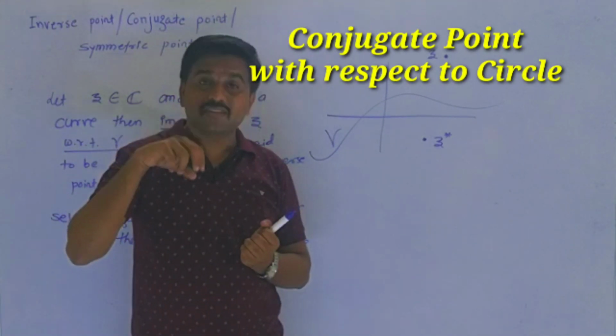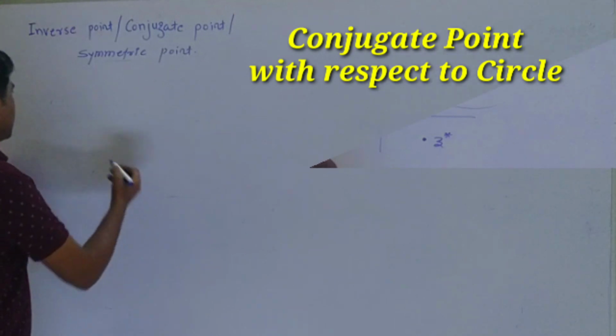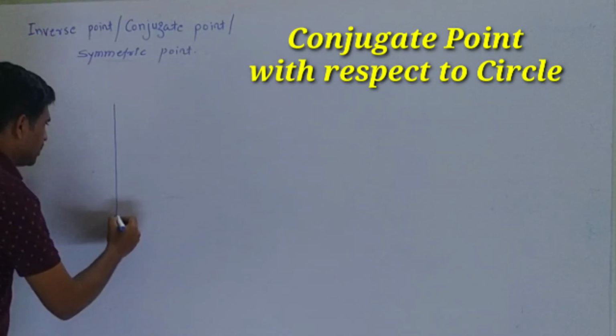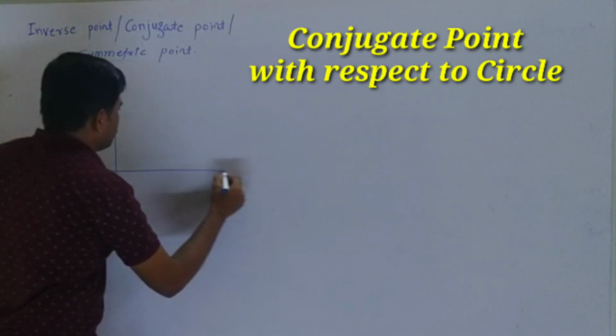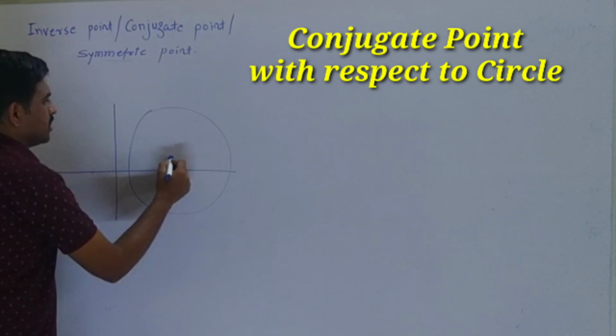Now we will discuss how to find the conjugate or symmetric point with respect to a circle, right? Now I just take here any random circle. This is the complex plane, and this is a circle having center this one.